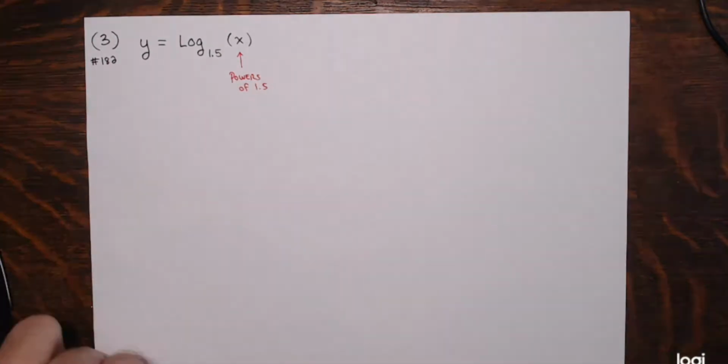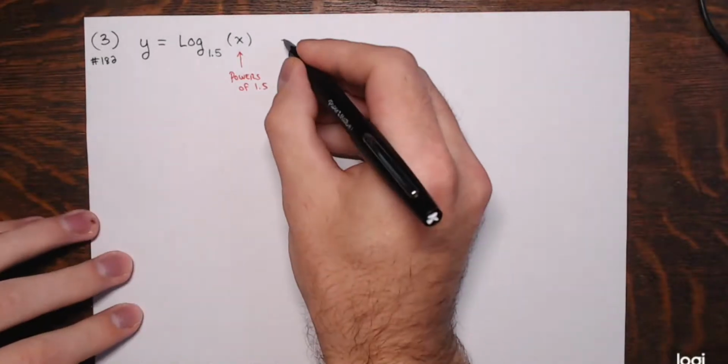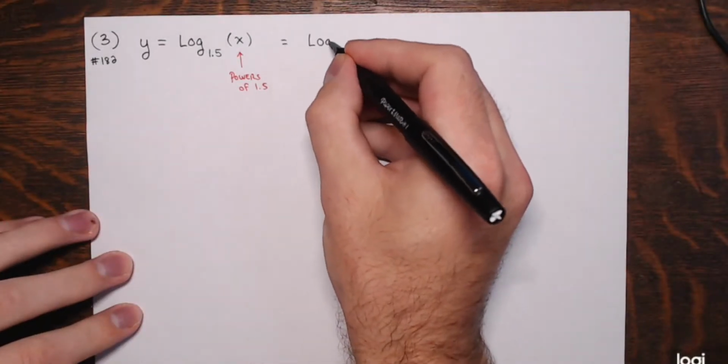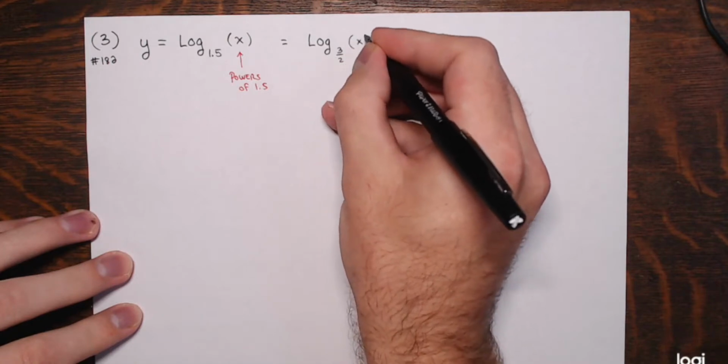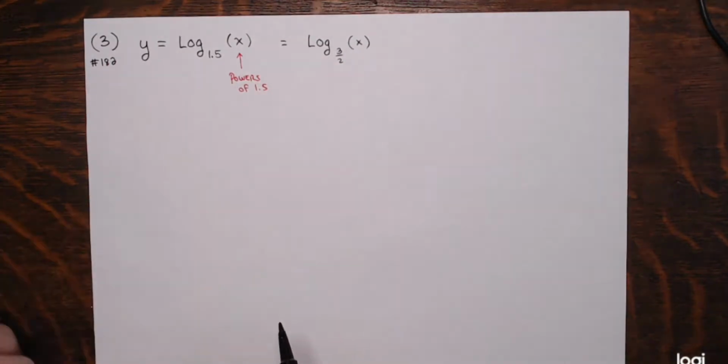Now 1.5, that's also 3 halves, so you could also think of this as the log base 3 halves of x. Same thing.